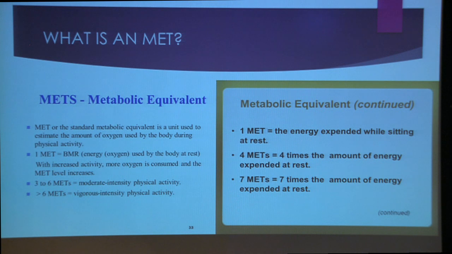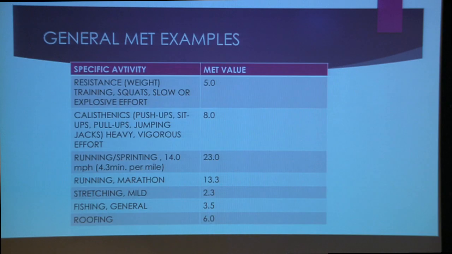And as the number goes up, 4 METs is 4 times the amount of energy expended at rest. And as you can see on the left screen, 3 to 6 METs is considered moderate intensity, while anything over 6 METs is considered vigorous, high intensity based exercise.